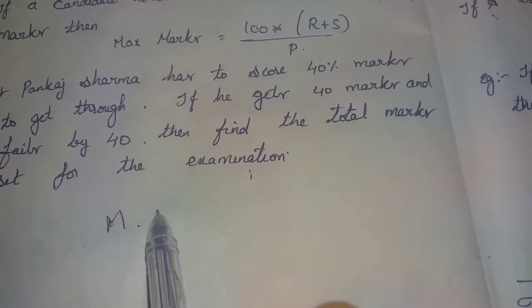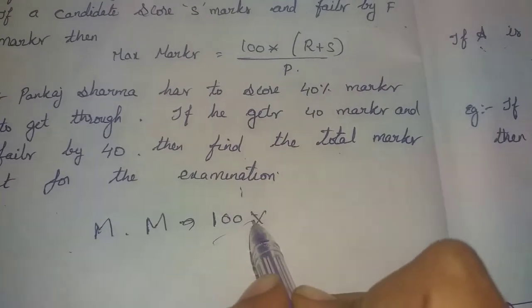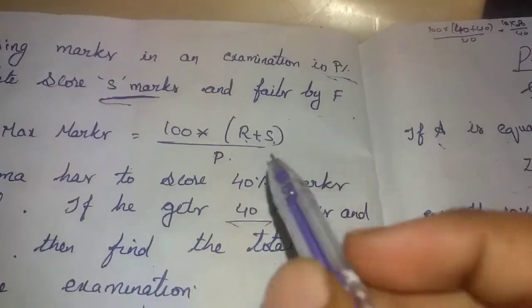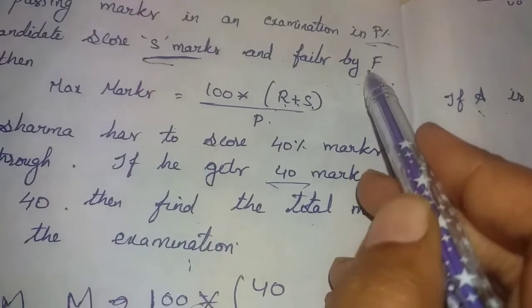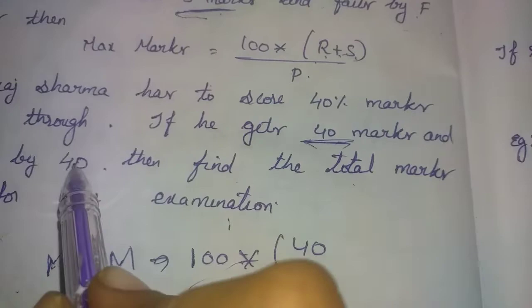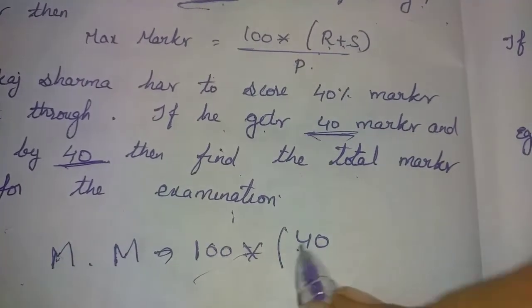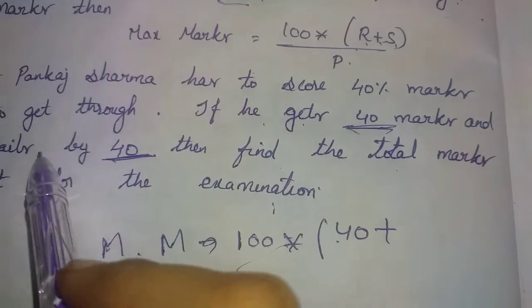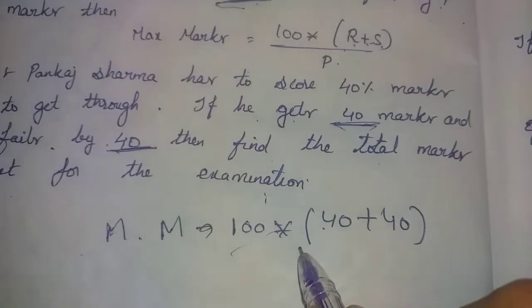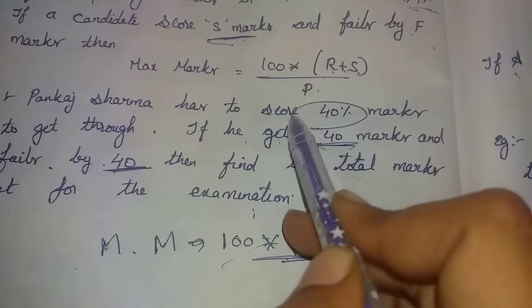Maximum marks is equal to 100 into F plus S by P. Here F means 40, S means 40, and P means percent.